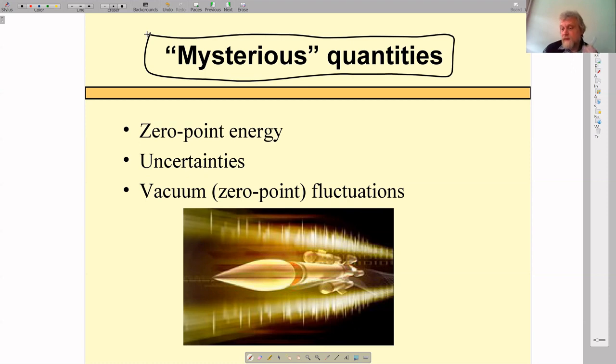Let me list the quantities we will talk about. We will talk about zero-point energy. We will talk about uncertainties between different field components, similar to uncertainties between momentum and coordinate in an oscillator. And we will also talk about vacuum fluctuations of the fields, non-zero averages of squares of these fields in a vacuum.